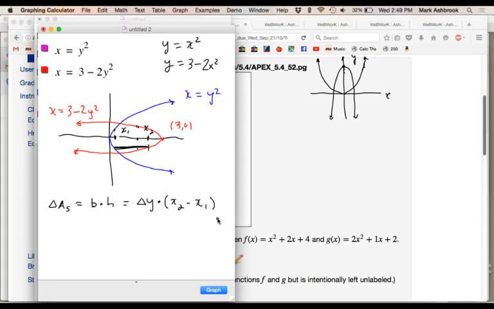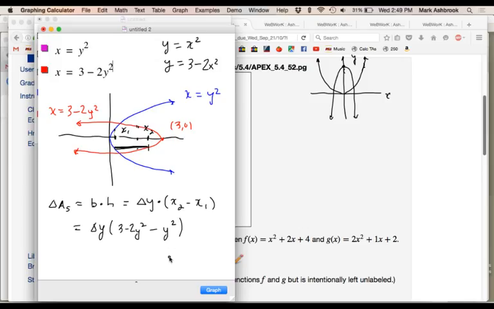But because it's delta y, we need to get those in terms of y, and that's exactly how we have them. x2 is defined by this red parabola here, so that is 3 minus 2y squared. And x1 is defined by the blue curve, so minus y squared.